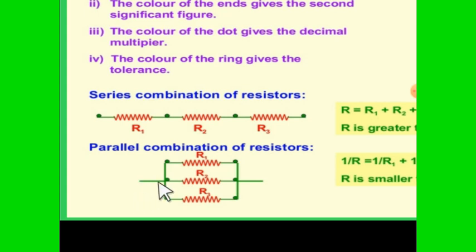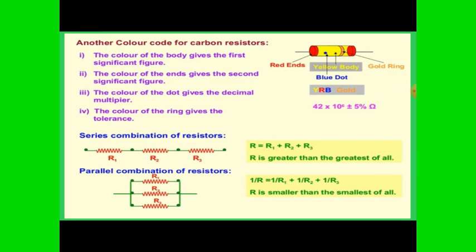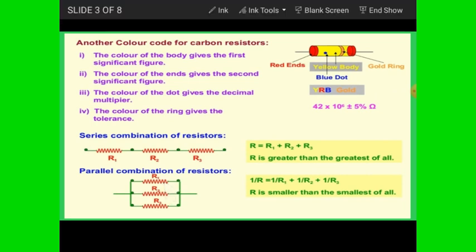Suppose current I1 is flowing across this resistor R1, and let I2 be the current flowing in this second resistor, and let the current I3 be flowing in this third resistor.